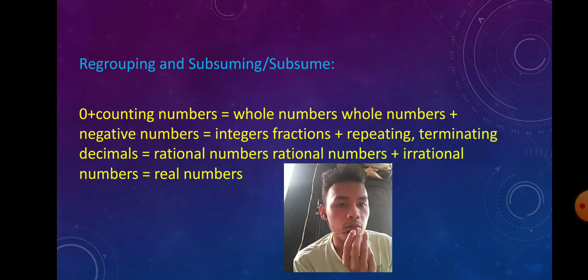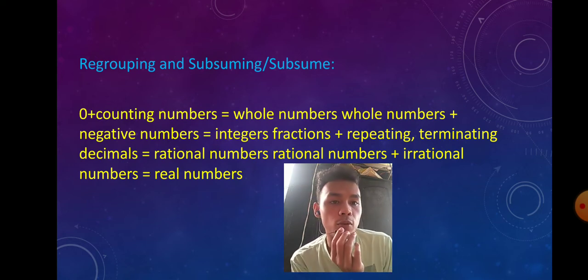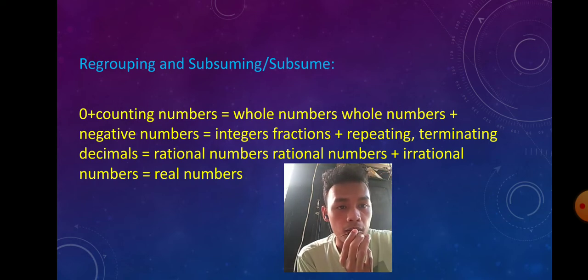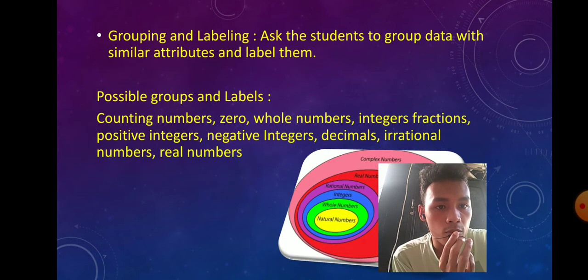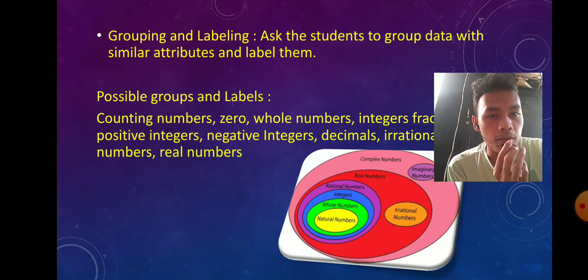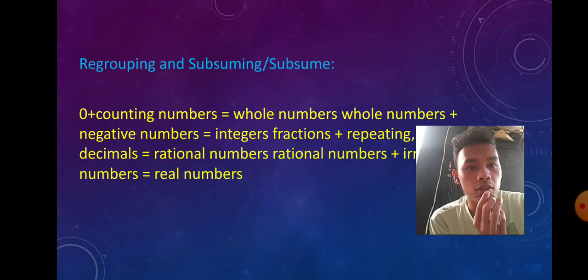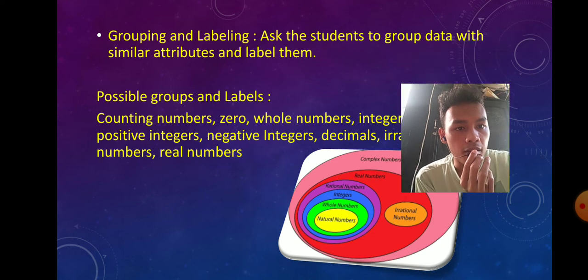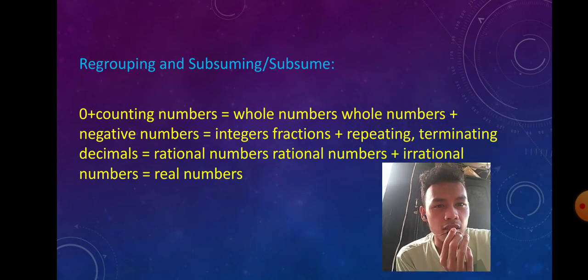When we talk about real numbers, it is composed of all of those, as we observe here: real numbers and irrational numbers, the whole numbers, integers, and fractions.